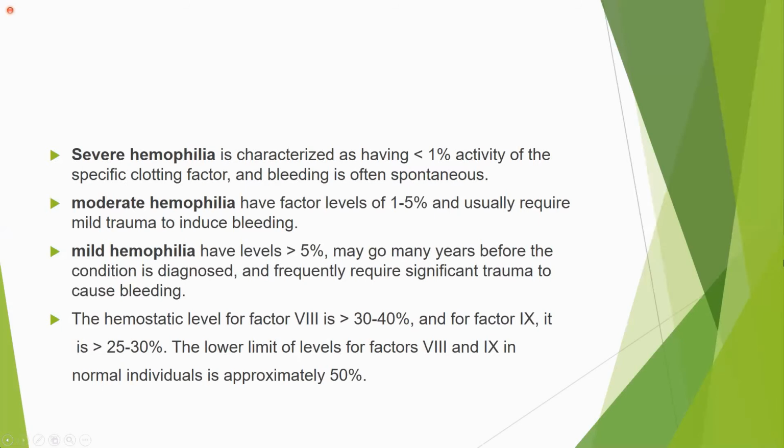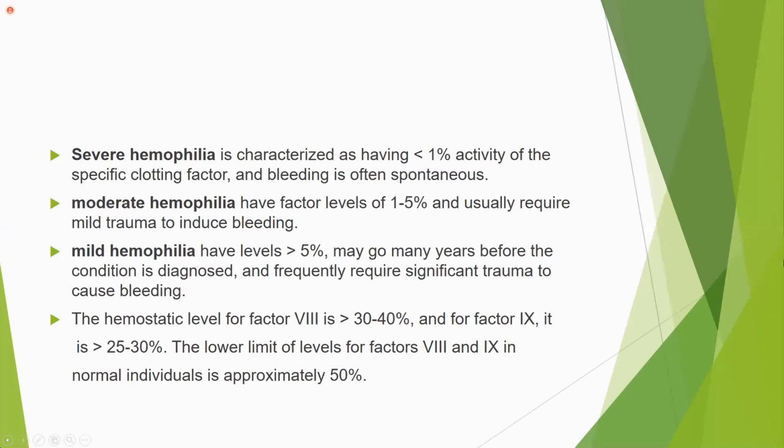It may go many years before the condition is diagnosed and frequently requires significant trauma to cause bleeding. So, these cases usually present very late, and sometimes they present on a routine diagnostic workup for a surgical procedure or any other illness.